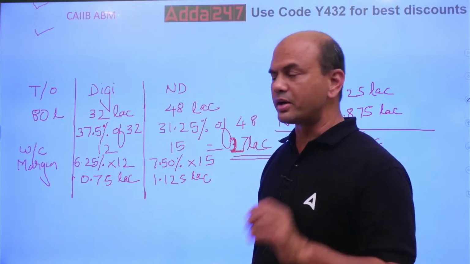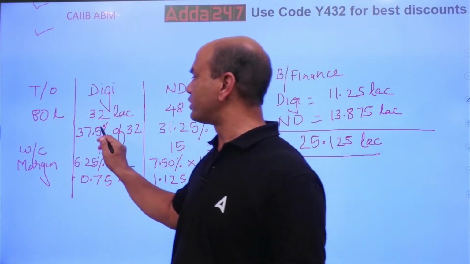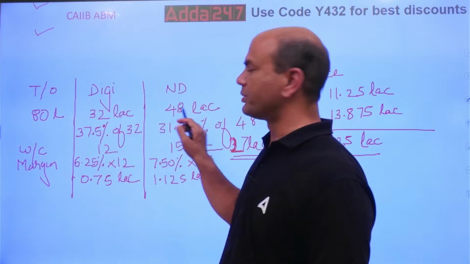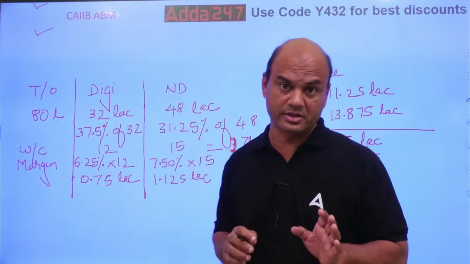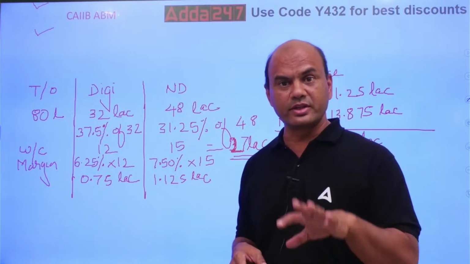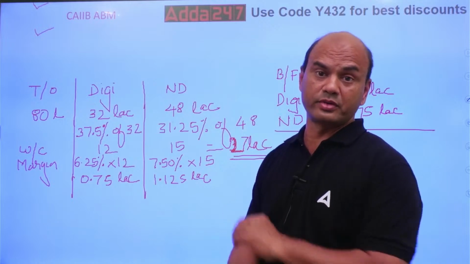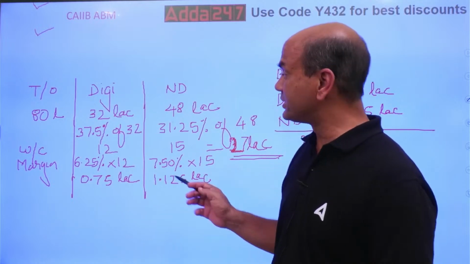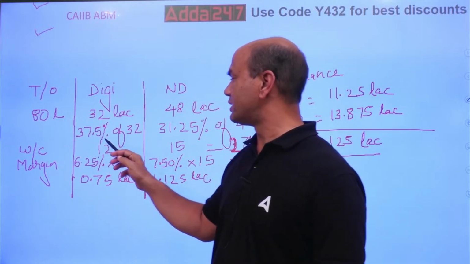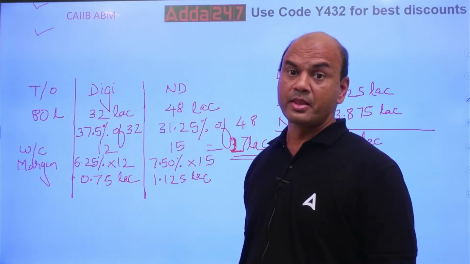Now the difficult part is this, which you will have to remember: 37.5% and 31.25%. This is given in your books. These are the percentages. An example is given in your book, so this example you will have to follow. For digital businesses it is 37.5% and for non-digital it is 31.25%. So multiply this.